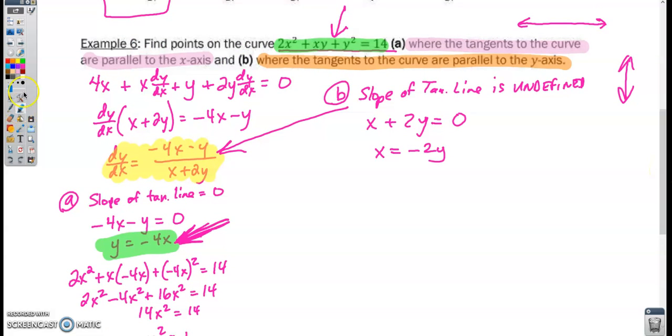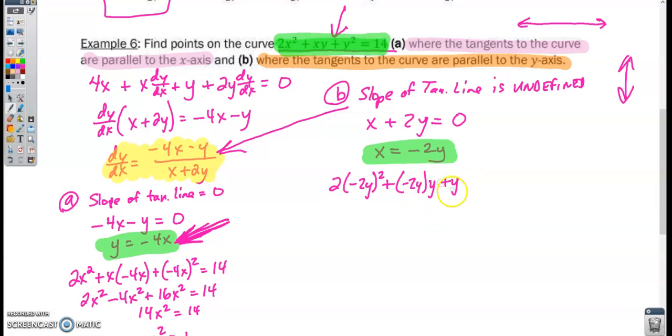And now I've got a system of equations with these green highlighted equations, the original equation and this derivative equation, and I want to solve this system. So I'm going to take the original equation and substitute negative 2y into it everywhere there's an x. That gives me 2 times negative 2y quantity squared plus negative 2y times y plus y squared equals 14.